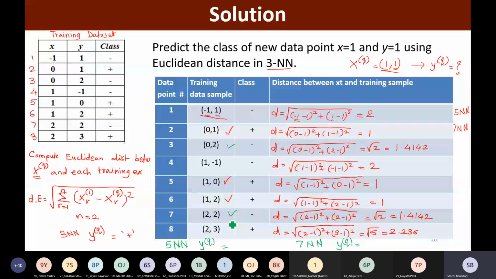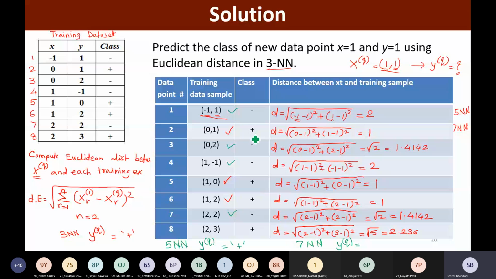What will happen for 7NN? We are having in fact 8 samples. So we are going to select next 2 samples, those are closest. So this also and this also for 7NN, right? So out of these 7 samples, those we have selected which are closest, how many samples are having positive class and how many having negative class?